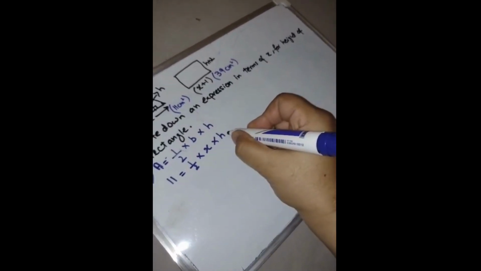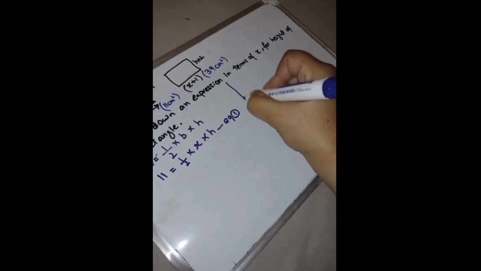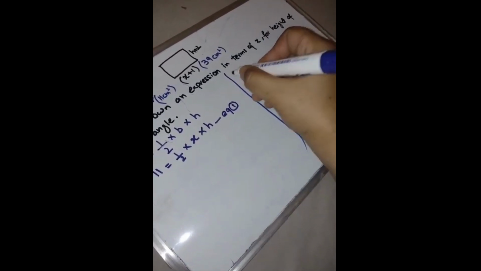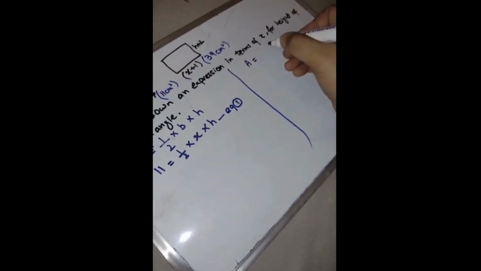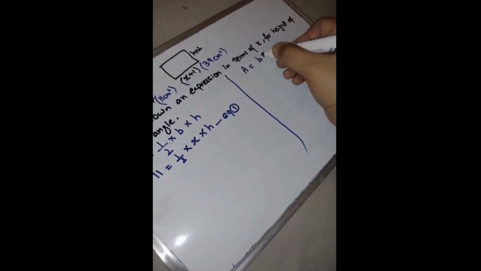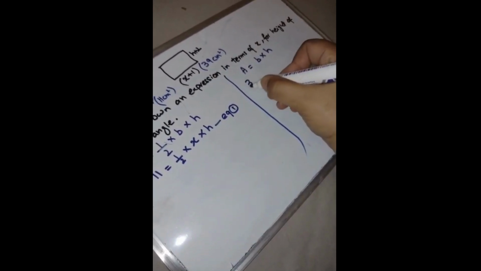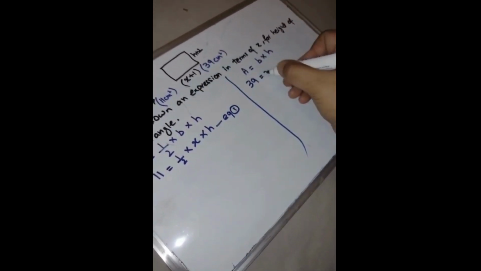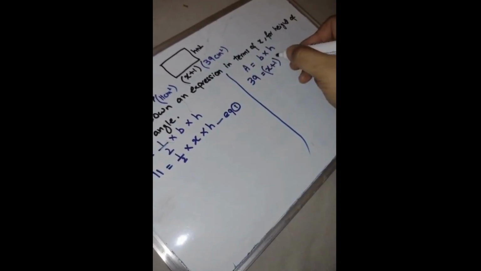Now we have one equation here and the other one is here, the rectangle one. The area of a rectangle is equal to base times height. So the area is 39 centimeter square, base is x plus 1, and height is h plus 2.